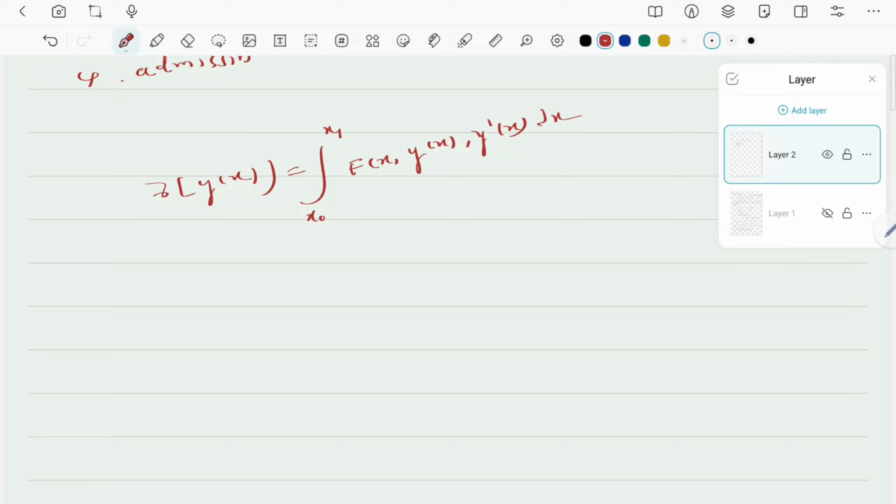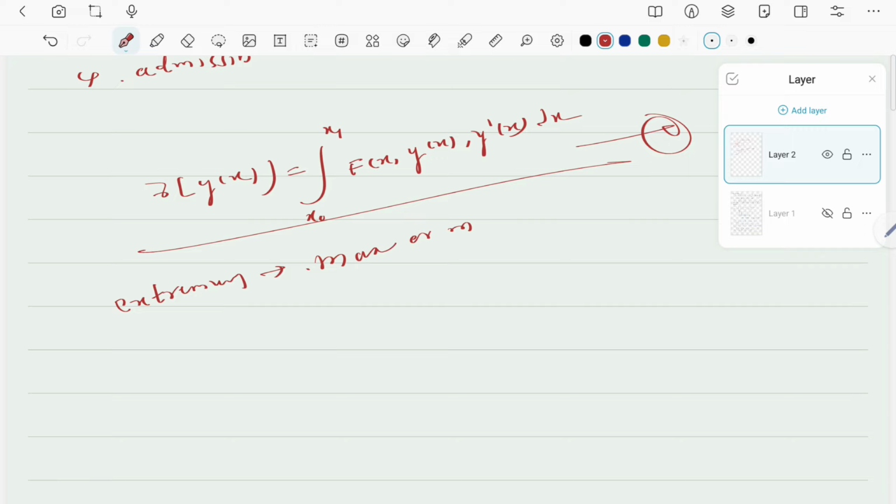By using this functional, we have to find the extremum. What is the extremum here? We have to find whether the given functional is maximum or minimum, only by using this functional.